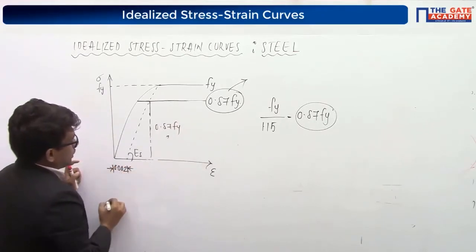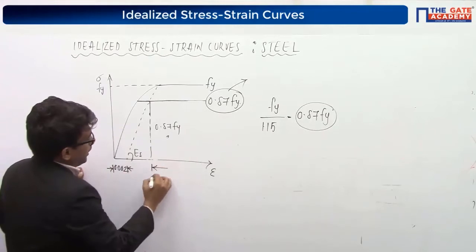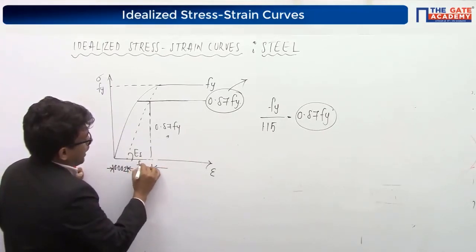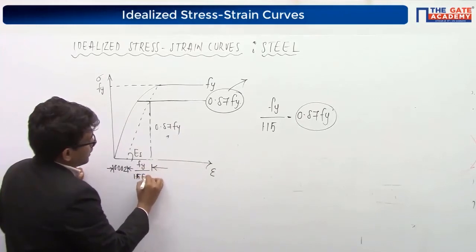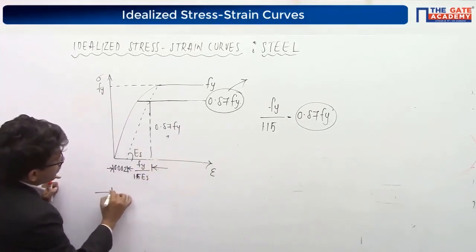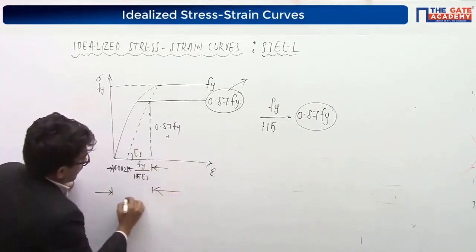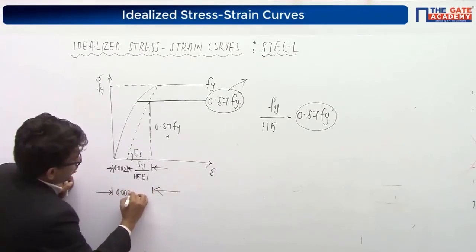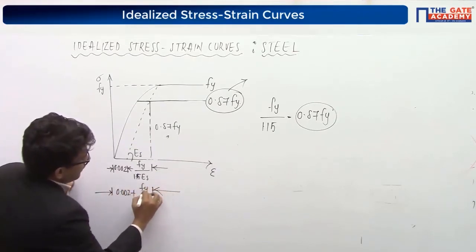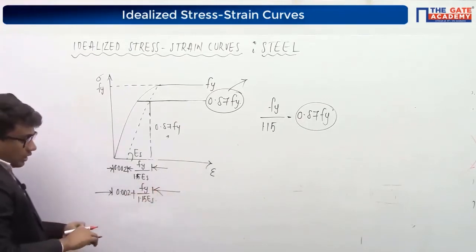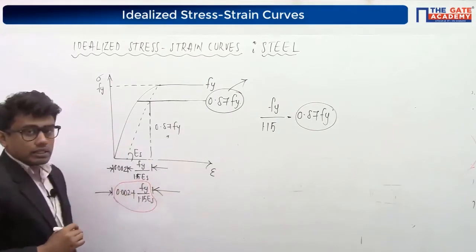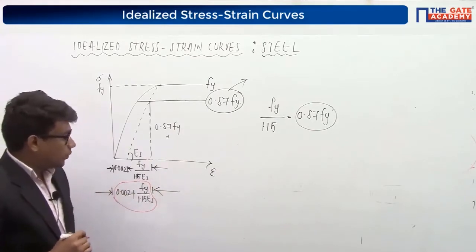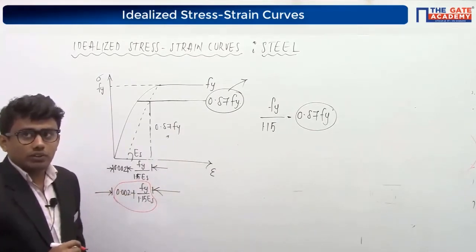It will be 0.002 and the remaining portion will be Fy divided by 1.15 ES. So the total strain value will be equal to 0.002 plus Fy divided by 1.15 ES. You have to remember this. The strain value here will be equal to 0.002 plus Fy divided by 1.15 ES.